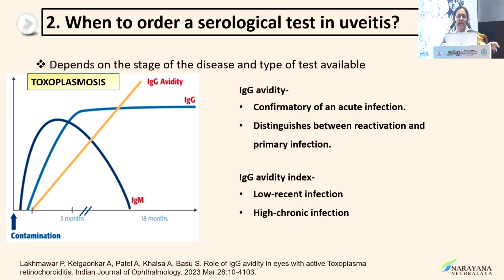In addition to that, the IgG avidity also can be used in case of pregnancy and other uveitic entities. IgG avidity confirms it's an acute infection. It distinguishes between reactivation and a primary infection. If the IgG avidity index is low, then it indicates a recent infection. If the values are high, then it indicates a chronic infection.